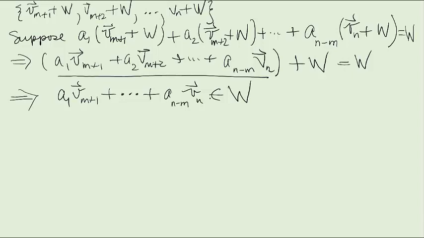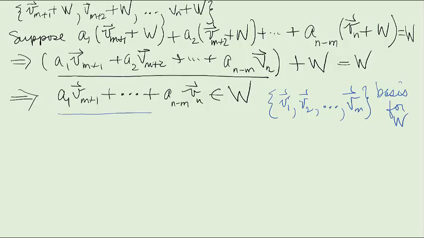Well, remember when we first started, the first line that we wrote was we picked a basis for W, m linearly independent vectors, and they were the set v1, v2 through v sub m. This is a basis for W. Well, that means that if this vector is in W, then it can be expressed as a linear combination of these. So let's do that.